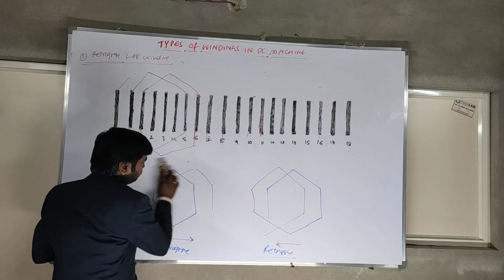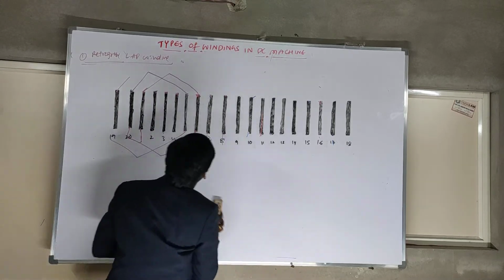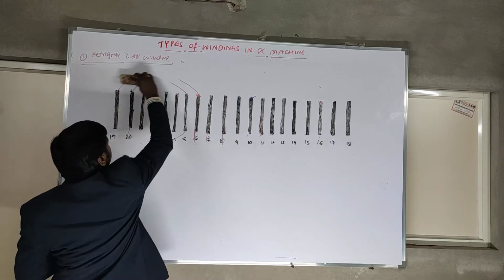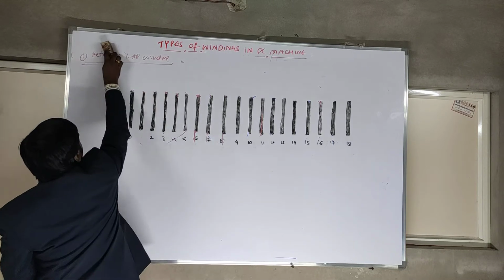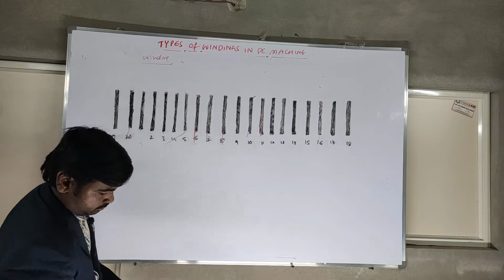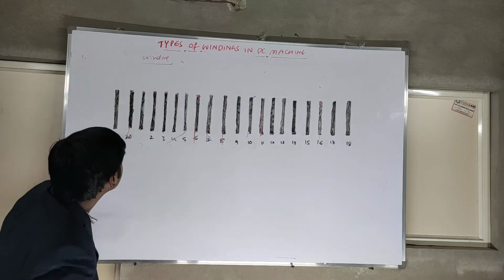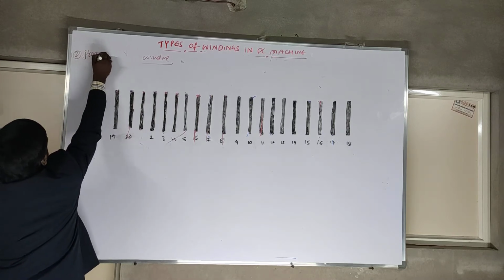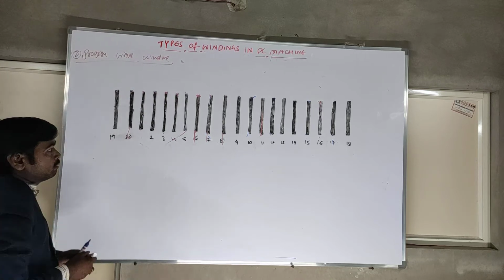We have to see wave windings. It's very simple: a progressive wave and a retrogressive wave. First, progressive wave winding.